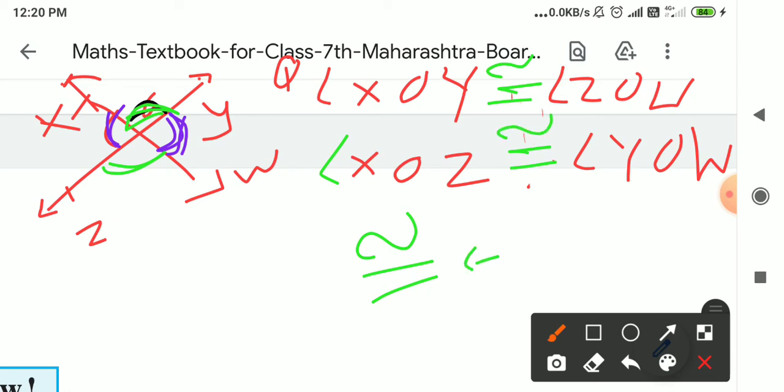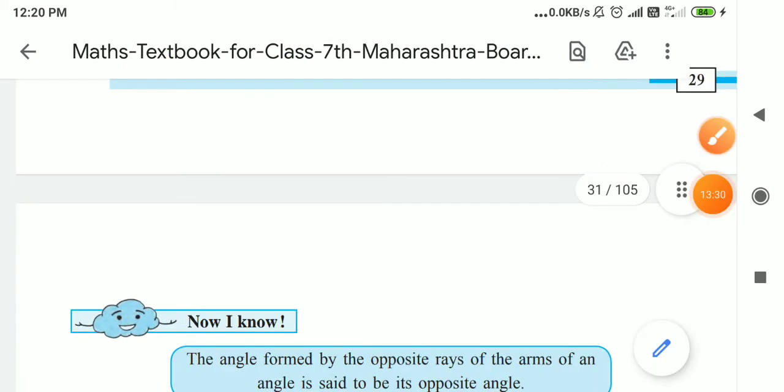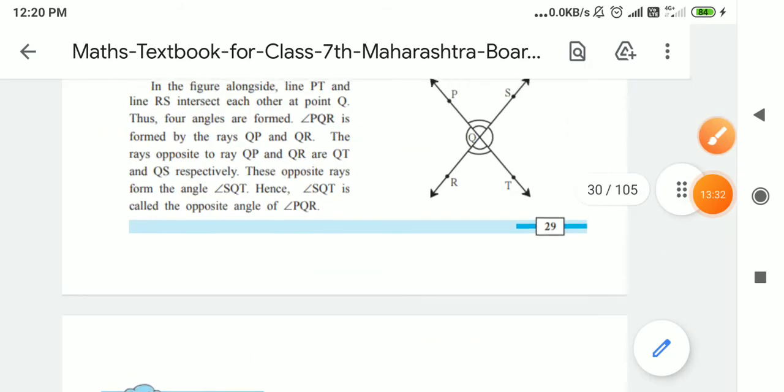If the measure of XOY is 80 degrees, then ZOW is also 80 degrees. If XOZ is 100, then YOW is 100. In this way it is. We will see what is given in our textbook.